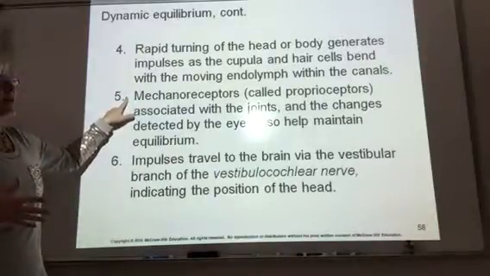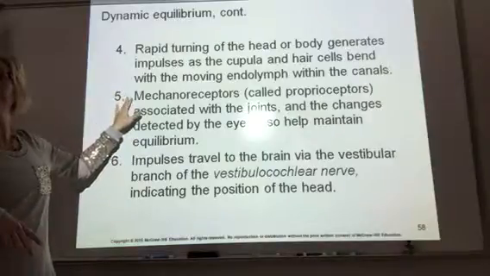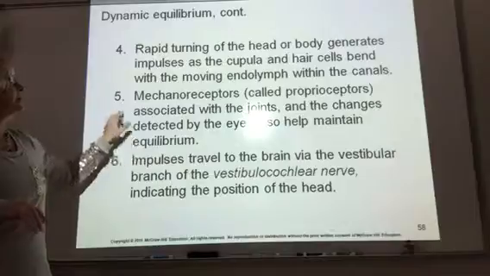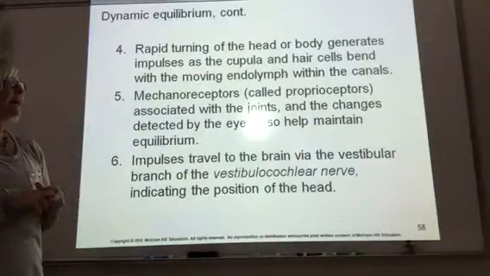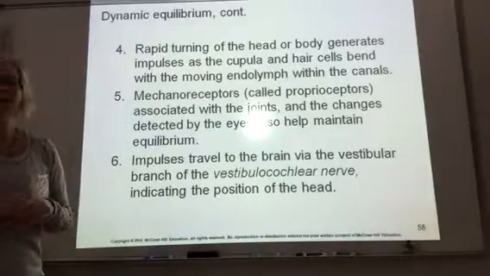Mechanoreceptors or proprioceptors, they both mean the same thing. Mechano deals with movement, structure, associated with the joints, and then the changes detected by the eyes also help to maintain equilibrium.